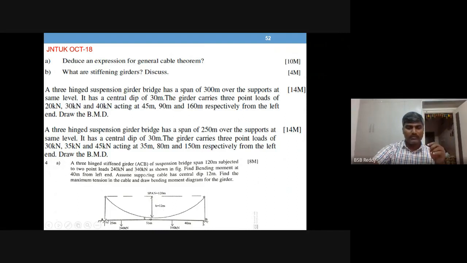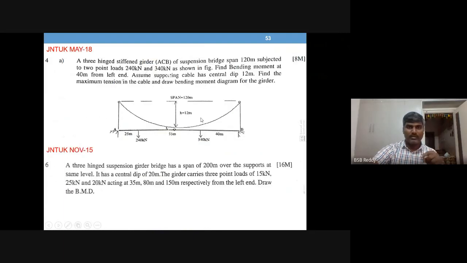It is a girder of 120 meter span, with a 240 kilonewton load at 25 meters, and from the right, at 40 meters, a 340 kilonewton load. The same appeared in May 18 also.